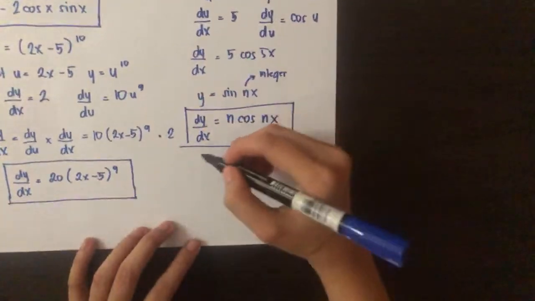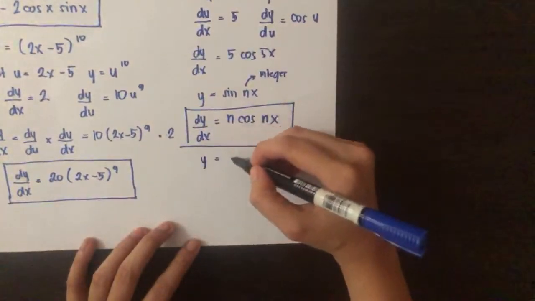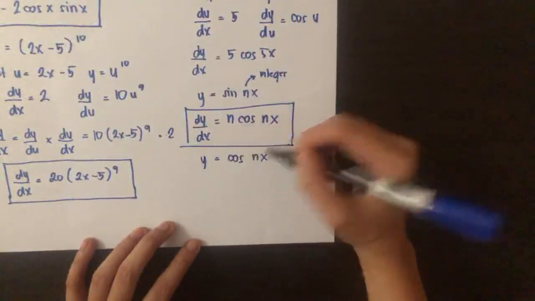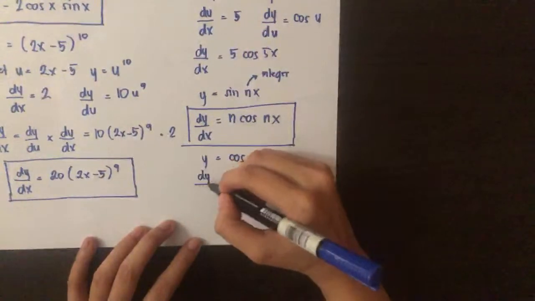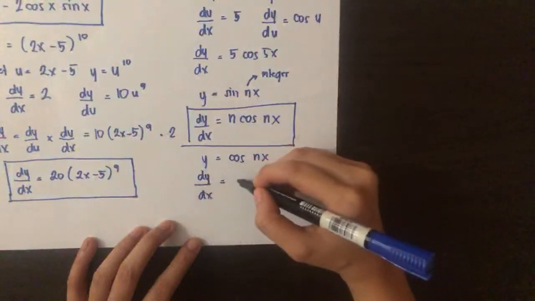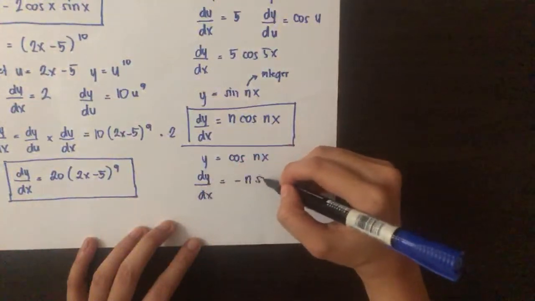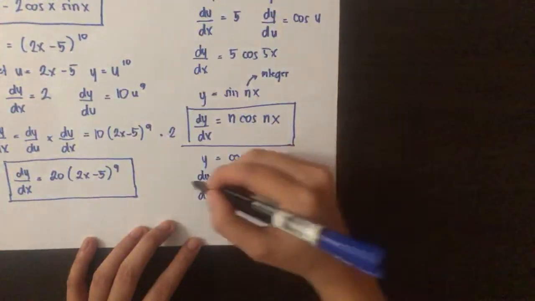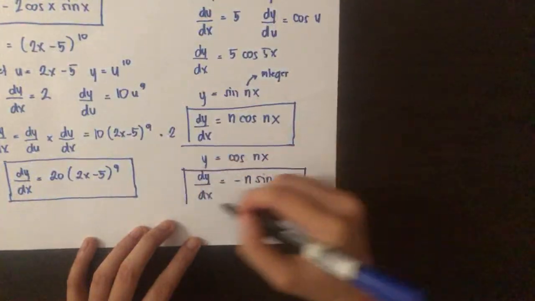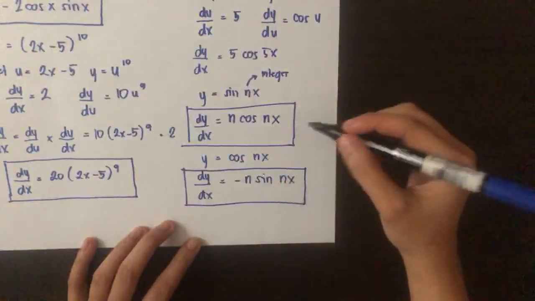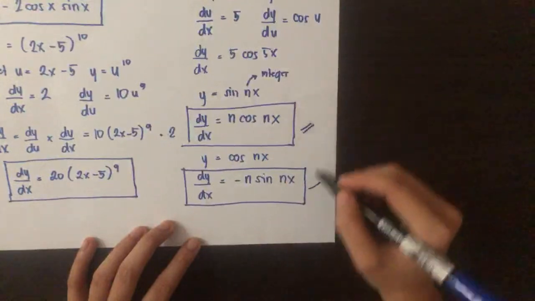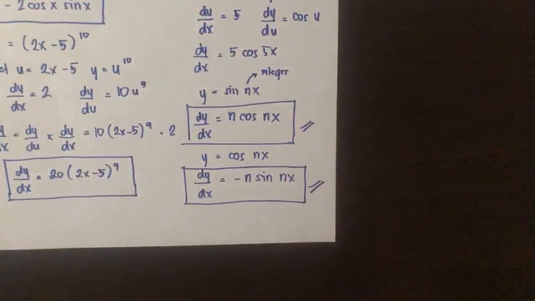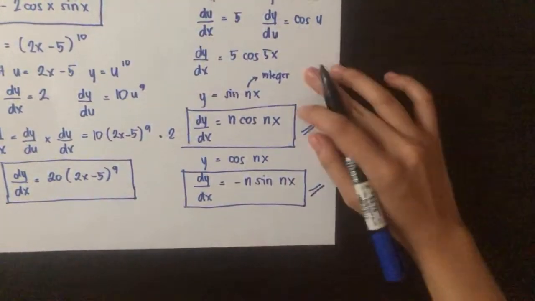And when we are differentiating cosine of nx, it's always negative n sine of nx. Always remember these two.